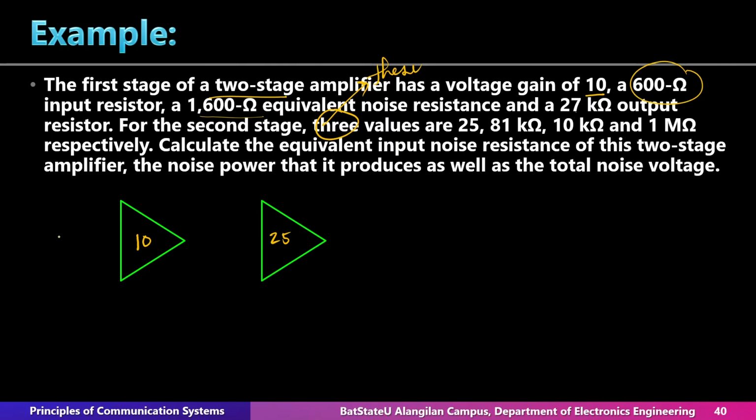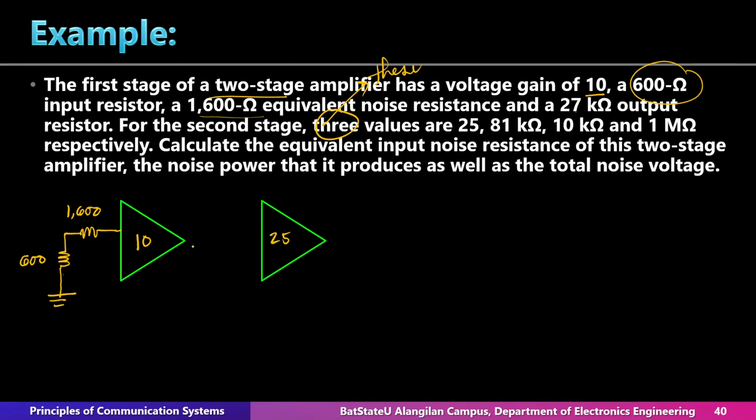Unahin natin i-drawing yung equivalent noise resistance kasi hindi naman talaga siya tunay na resistor. Ito ngayon yung actual input resistance. Ito yung 600 ohms na input resistance at ito naman ang 1,600 ohms na equivalent noise resistance. So, they are drawn in series.